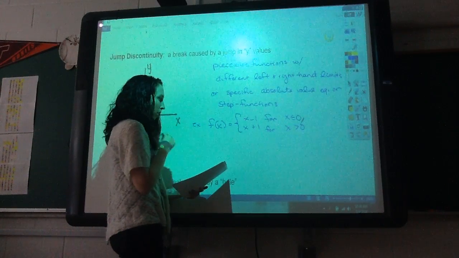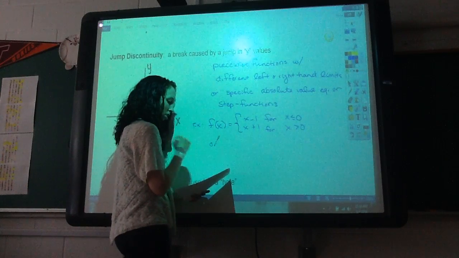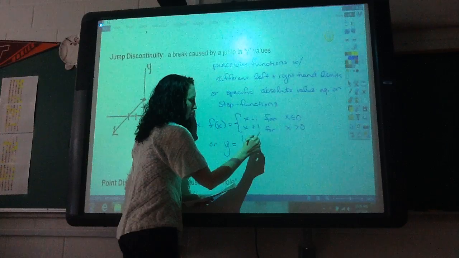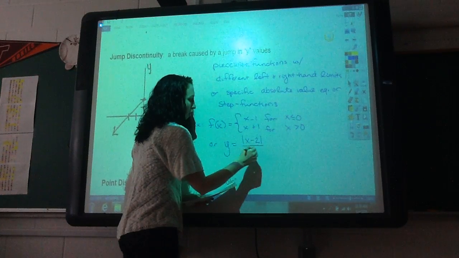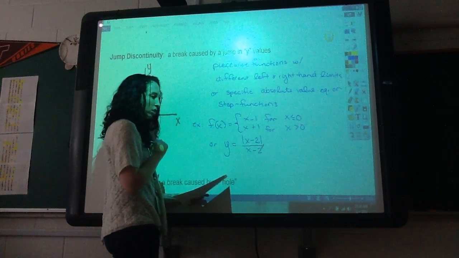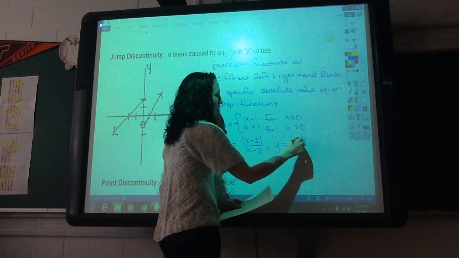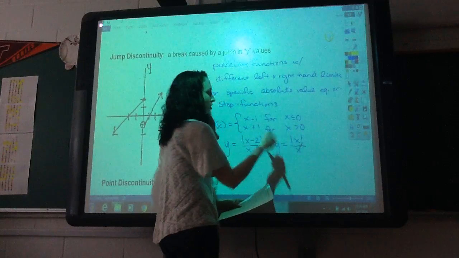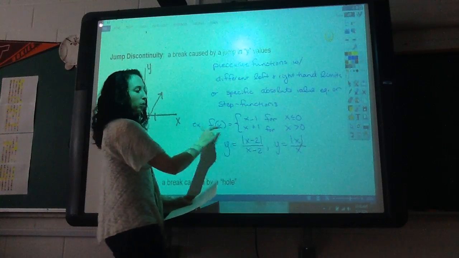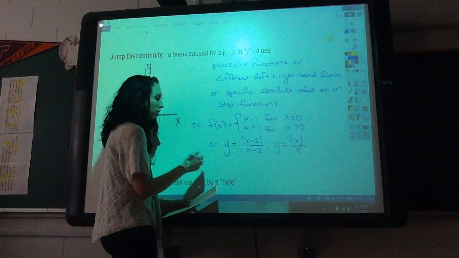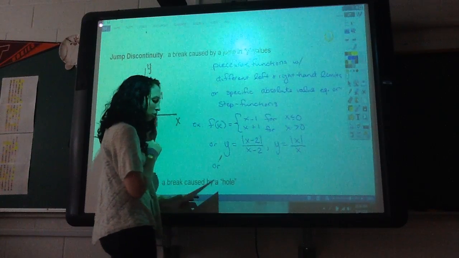You could end up with y equals the absolute value of x minus 2 over x minus 2, or y equals the absolute value of x over x, and this causes a jump right at that point of 2, or in that case 0. So that's the specific absolute value ones that cause those jump discontinuities.